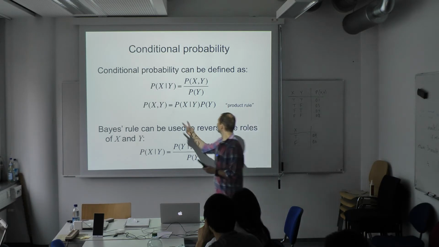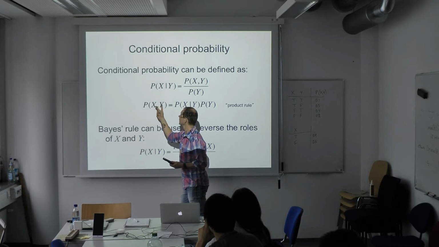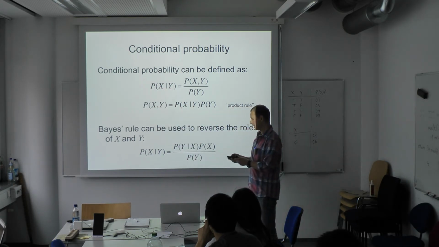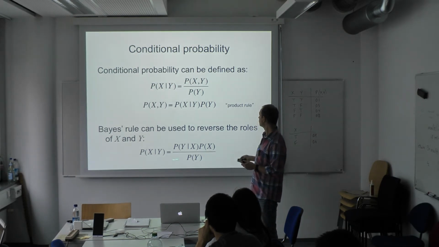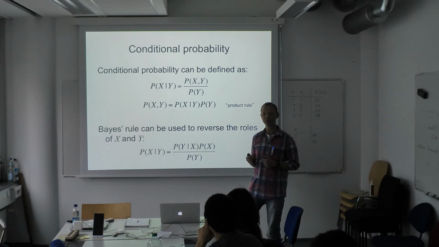And of course, since this thing is reflexive, we can turn those 2 things around. We can derive the so-called Bayes rule, and you would have seen this, right? It's not the first time you see Bayes rule.